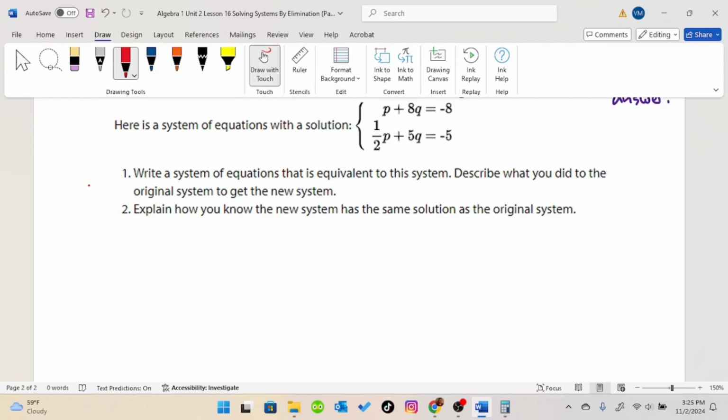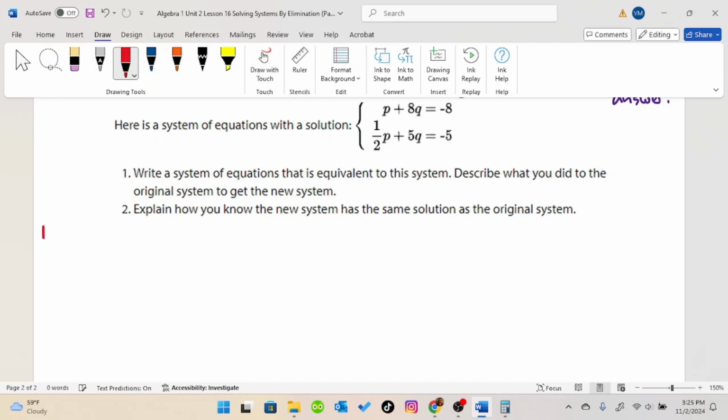So when I look at this system of equations, the first thing that grabs my attention is that fraction, 1/2. I prefer not to work in fractions unless I have to. So to get rid of that 1/2, I'm going to multiply everything in the bottom equation by 2.